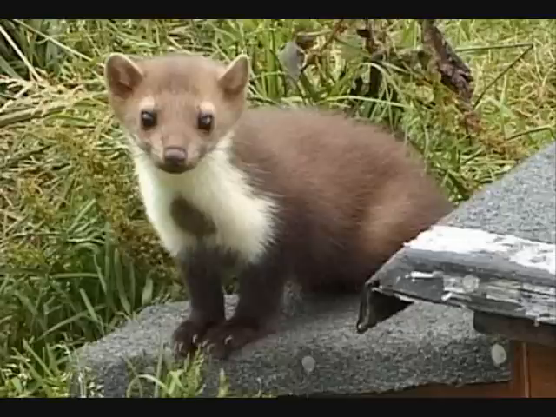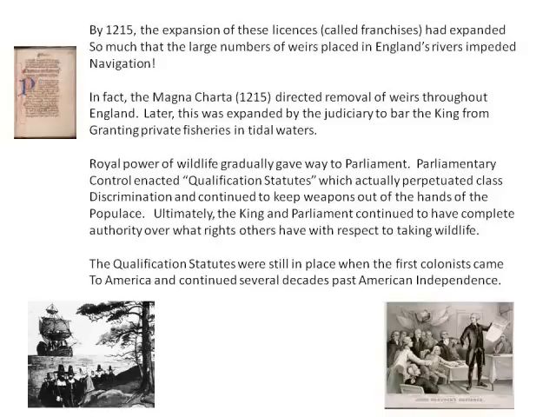So in 1215, when the Magna Carta was chartered, it had provisions about removal of the weirs. And later, the judiciary in England expanded this to bar the king from granting private fisheries in tidal waters.